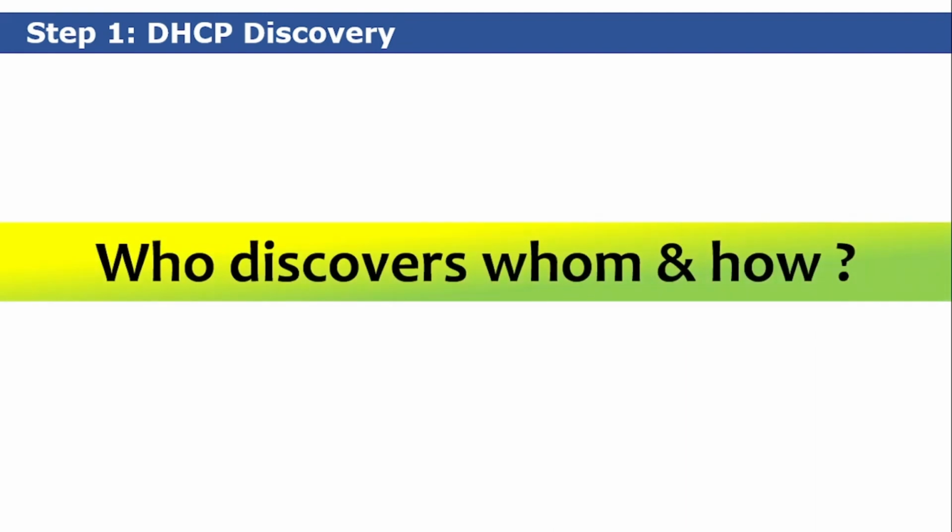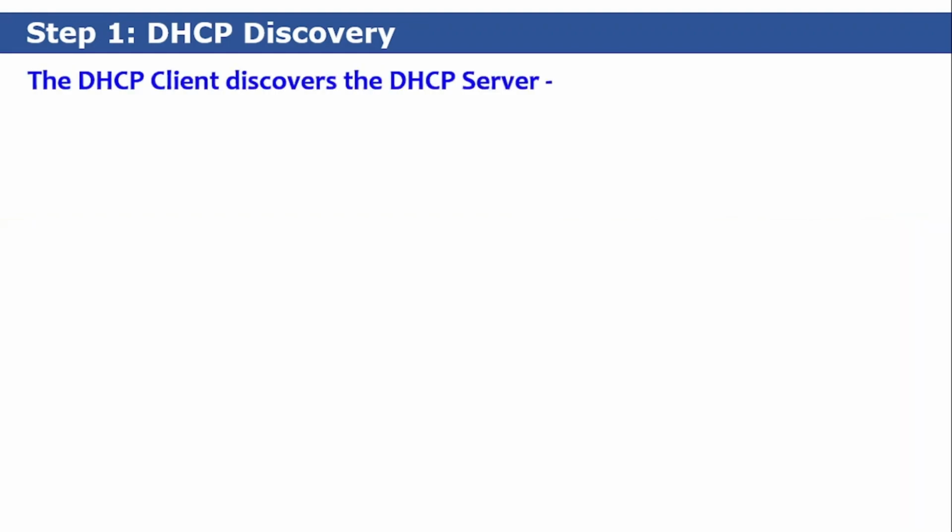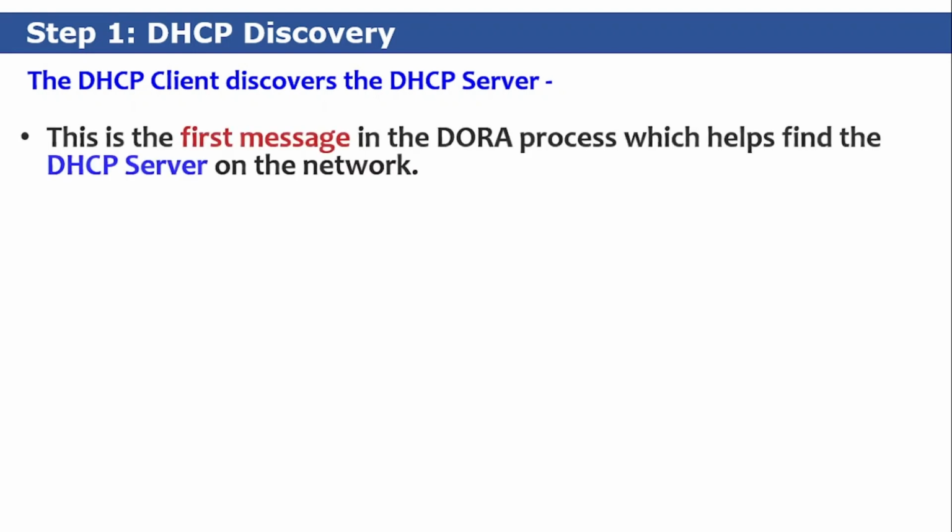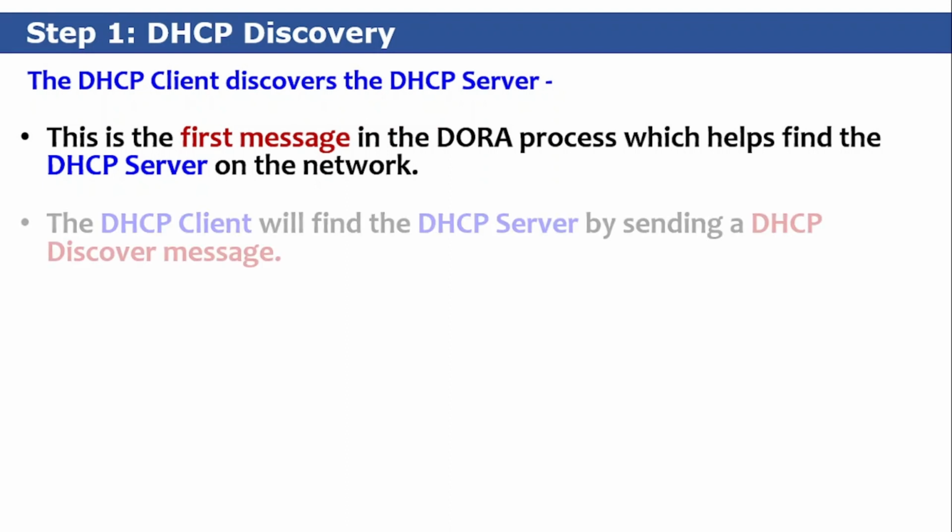So we have to ask questions now. Who discovers whom and how? The DHCP client discovers the DHCP server. This is the first message in the DORA process which helps find the DHCP server on the network.